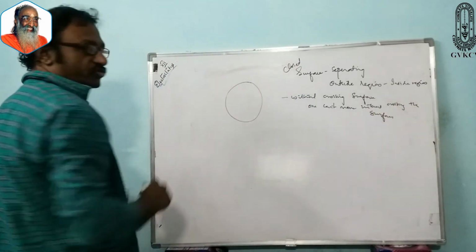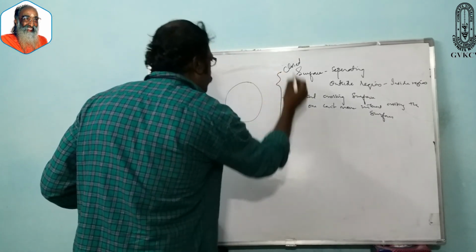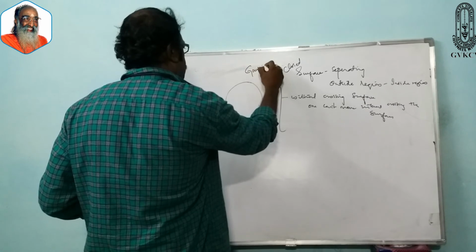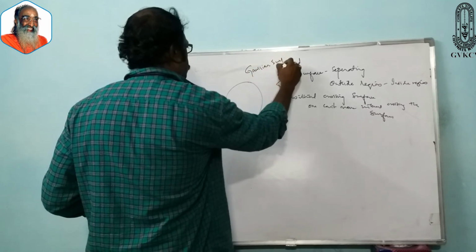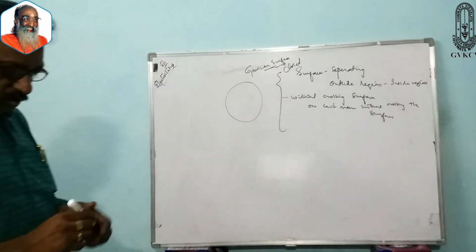That is what we understood from this closed surface. Such a type of closed surface we will be calling the Gaussian surface.